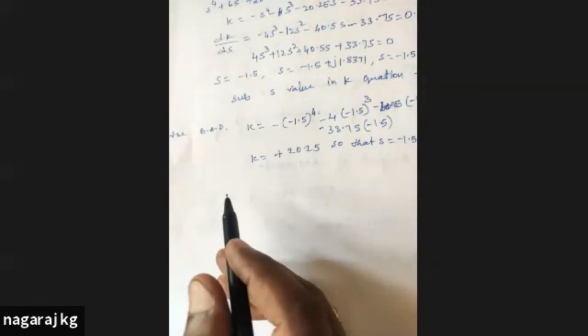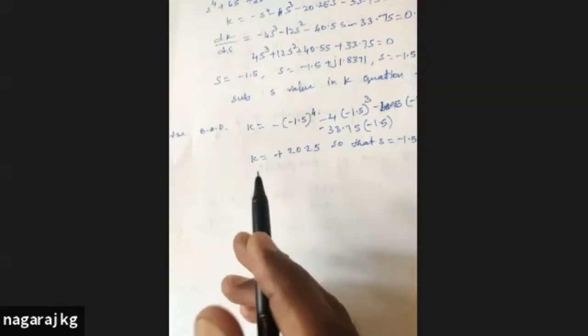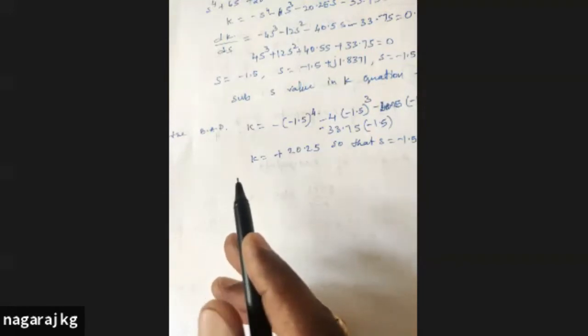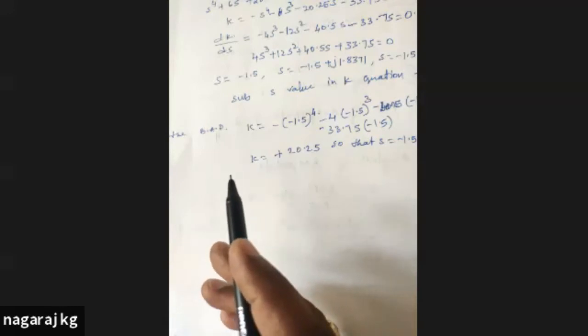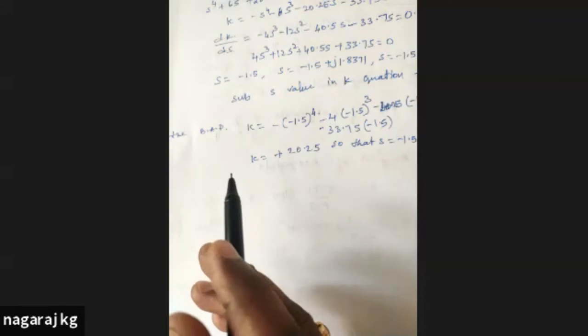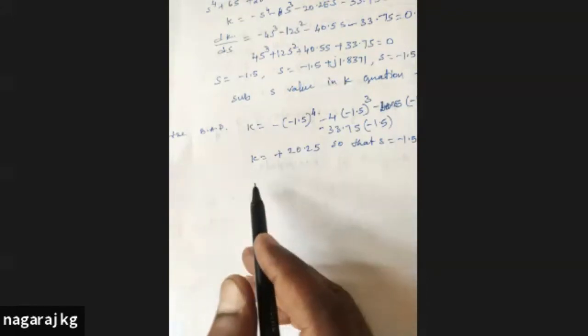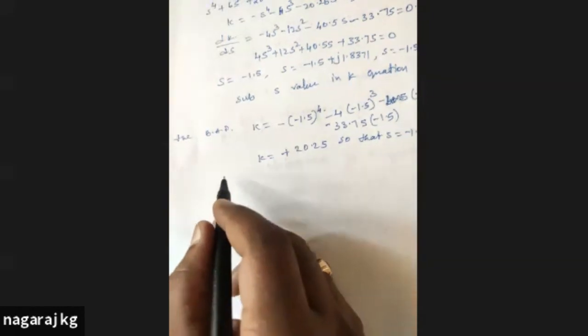Angle of G(s)H(s) is equal to plus or minus (2q plus 1) into 180 degrees. For this, you have to substitute the value of q as 0, 1, 2, like that. Instead of that, directly you can put the value of s. I'll just show you one example.